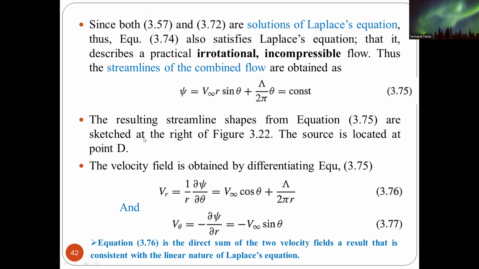Since 357 and 372 satisfy Laplace's equation, 374, the superimposed equation, also satisfies Laplace's equation. The streamline of the combined flow is obtained as ψ equal to a constant, so V∞ r sinθ plus the source strength over 2π times θ is constant.